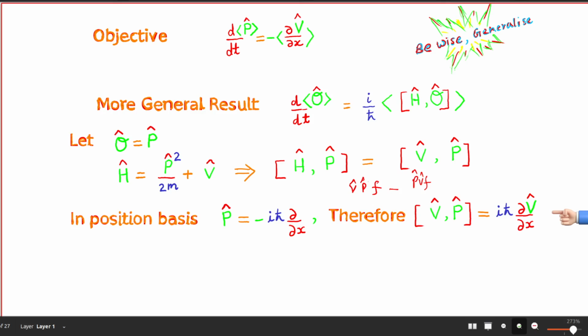So we are first multiplying it with V, and then we are taking the partial derivative of this product function that we get, and then we subtract these two. Then we get this result, i h bar times the partial derivative of V with respect to x times this arbitrary function f.